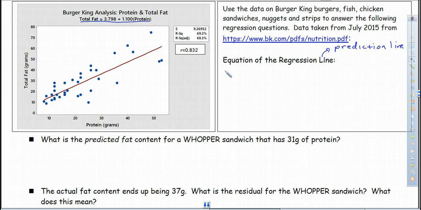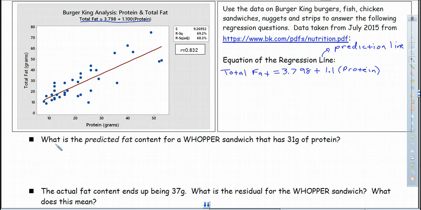It tells us that the total fat is equal to 3.798 plus 1.100, or 1.1, times the amount of protein. So this would be our predicted total fat, since this is the prediction line.